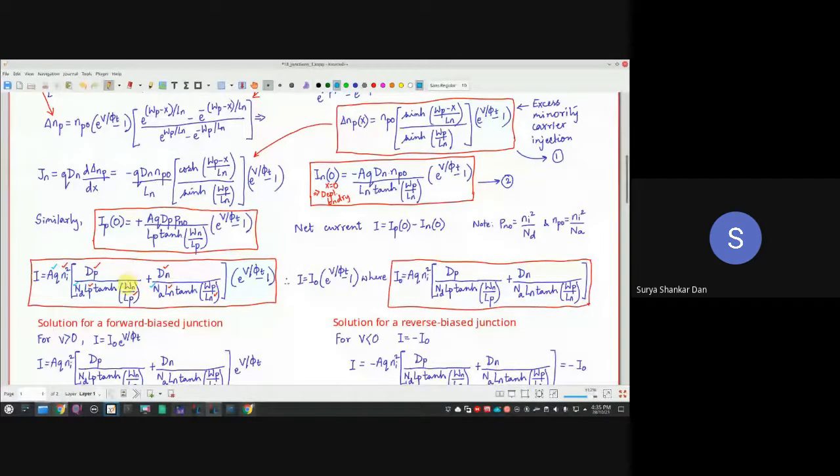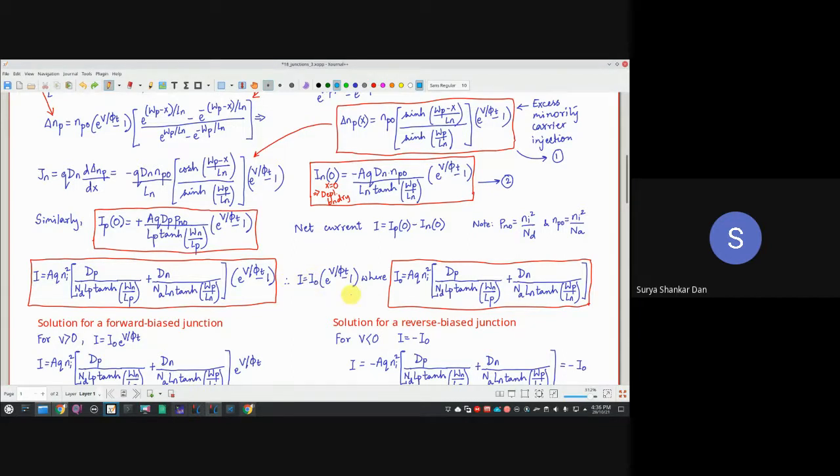These are the width of the N side and width of the P side. What we are trying to drive at is that this part has got nothing to do with the circuits you design. As a microelectronic circuit designer, you don't have to bother about it. We will put it as I0.